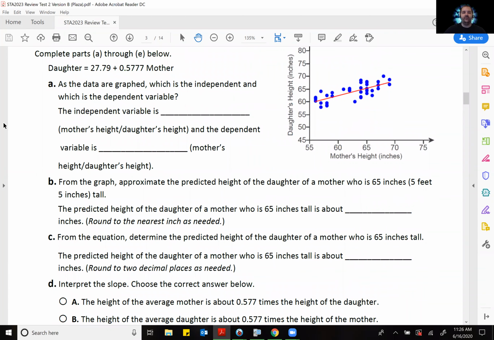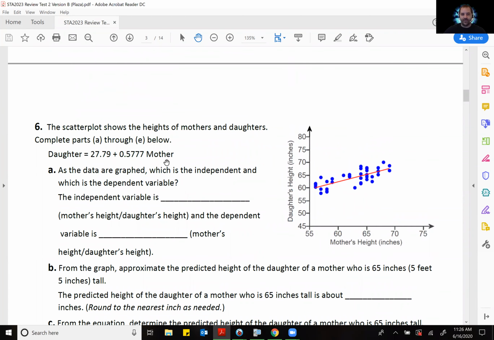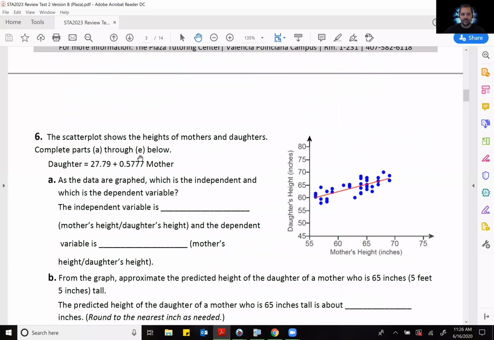Gotcha. And up here, even if there was no graph, you would know that the mother is independent and the daughter is dependent, because the equation is the daughter and the daughter is the Y value. Marginal height would be 0.577. Remember, the independent is always over here next to the slope.